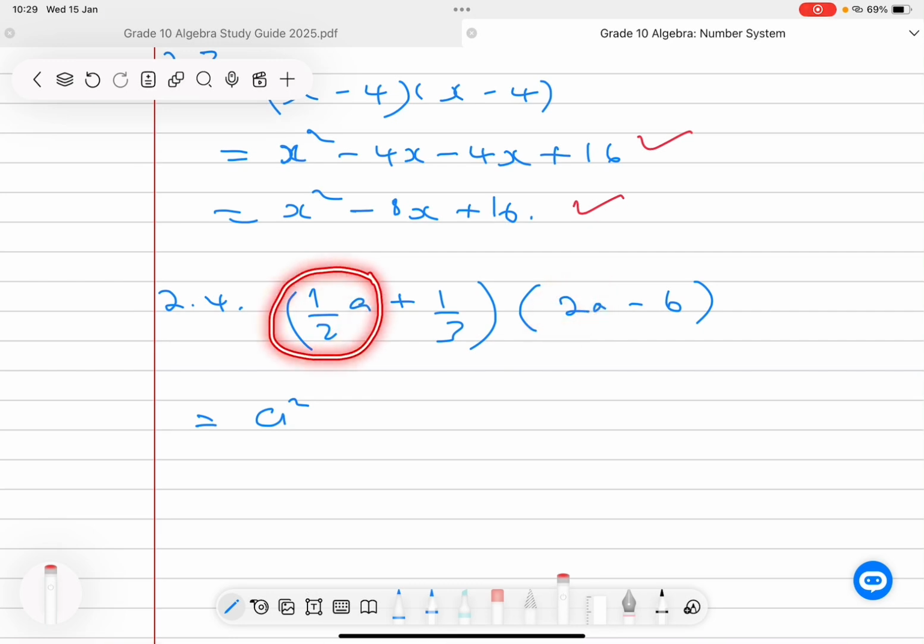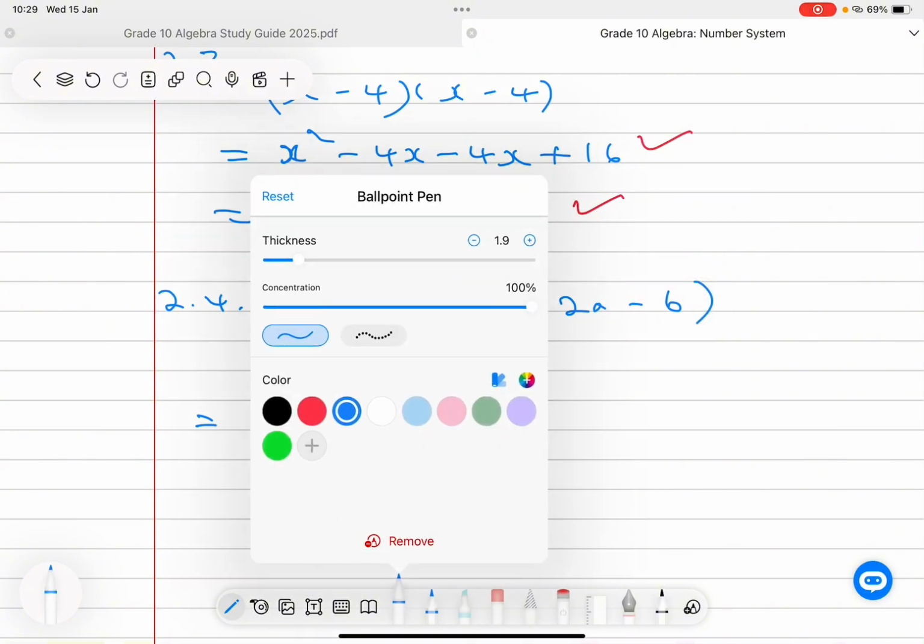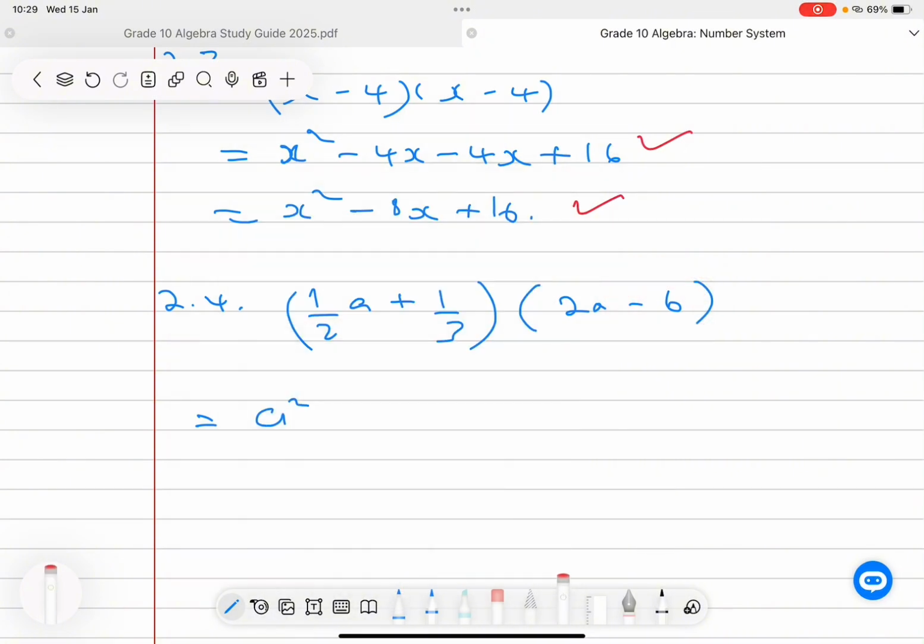Now we multiply the first term and the last term. So here I'm having 1 over 2a multiplied by negative 6. Now the 2 here would cancel, but here it will go 3 times, so I'm left with 3a, because I'm multiplying the a and the 3.